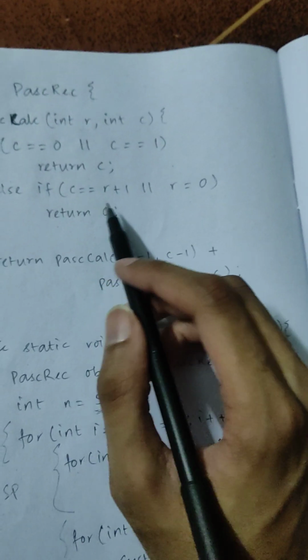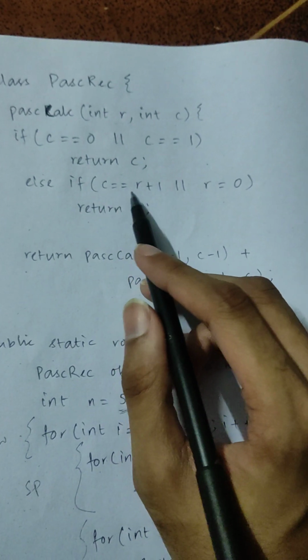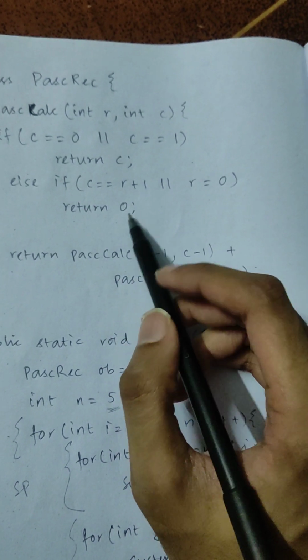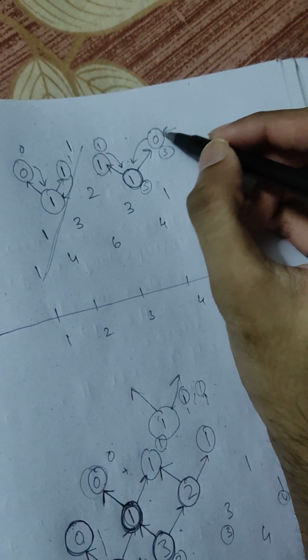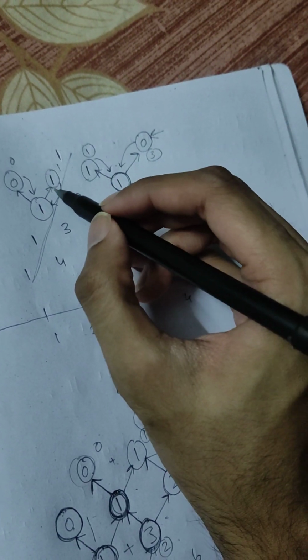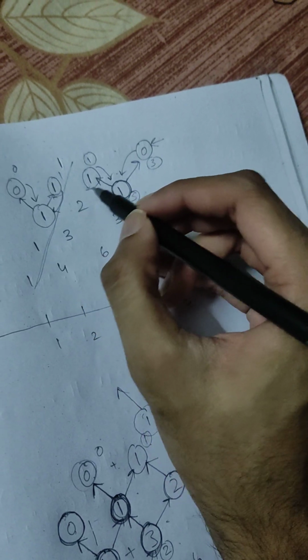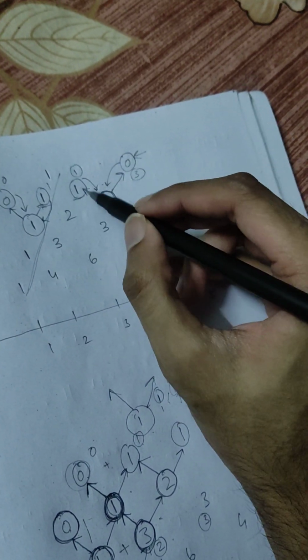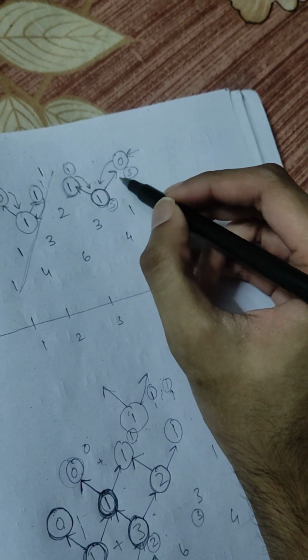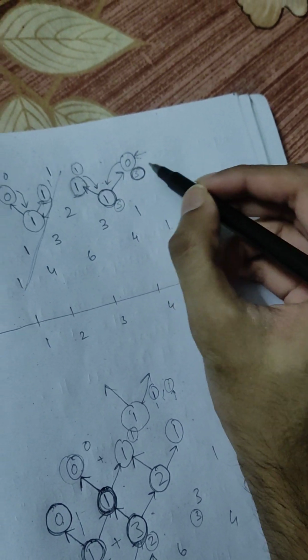So I have implemented this here. If C equals R plus 1, that means return 0. So this is the condition: if the previous column is 1, 2, this is R plus 1, that means 1, 2, R, 2 is R, and then 3. So this is the column.